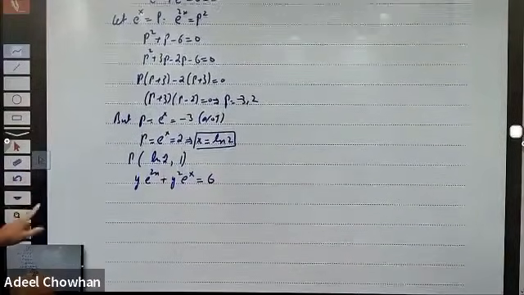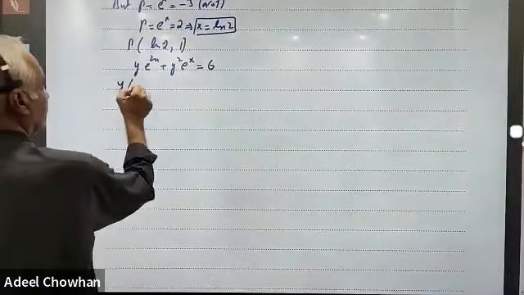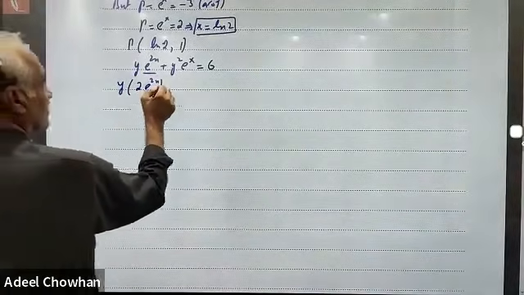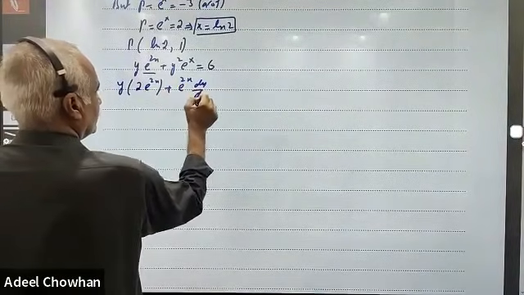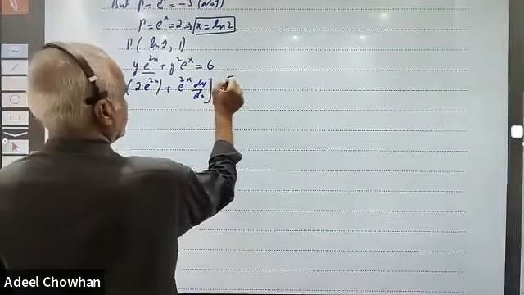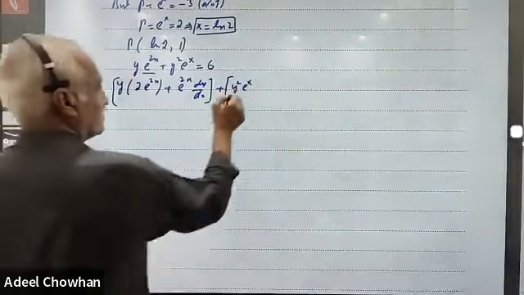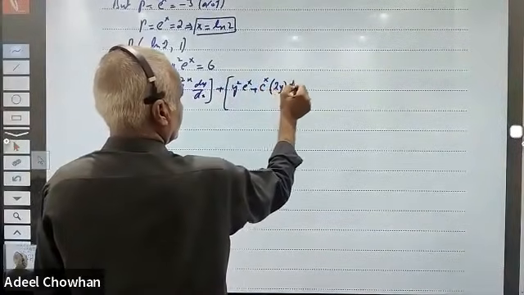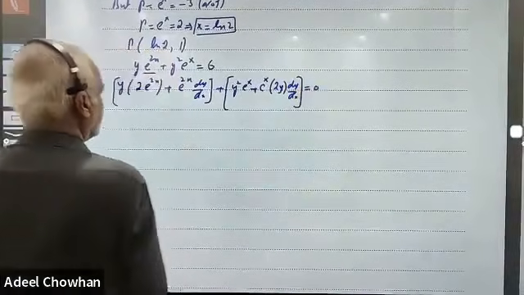By applying differentiation, y as it is into the derivative of this, 2 e power 2x, plus e power 2x as it is into dy by dx, plus y square as it is into the derivative e power x, plus e power x as it is into the derivative of this 2y dy by dx, and the derivative of 6 is equal to 0.